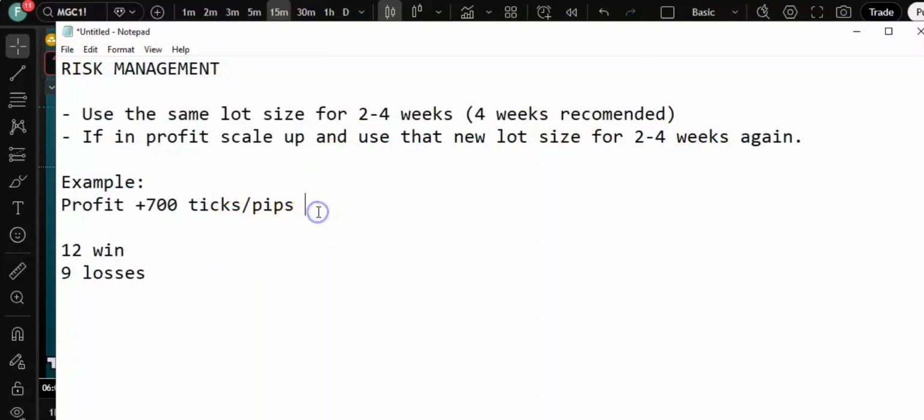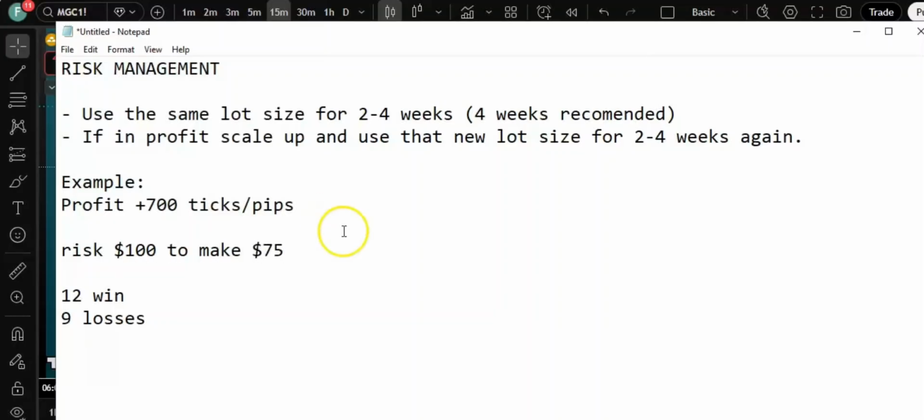Well, keep in mind that when TP gets hit, you're going for 0.75 R on every trade. So you're risking $100 to make about $75.